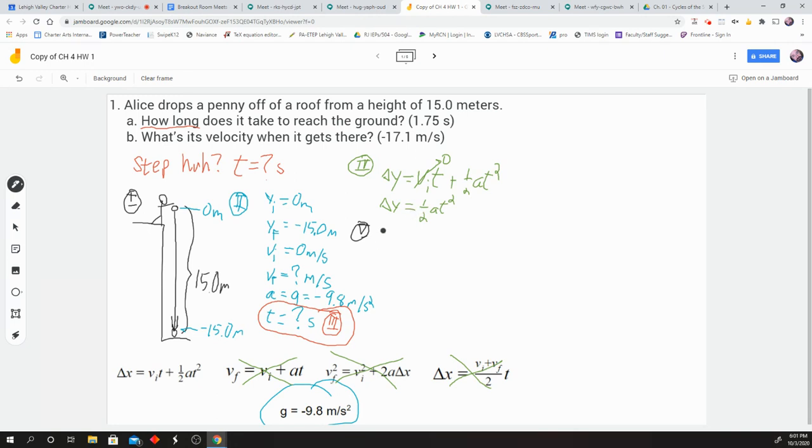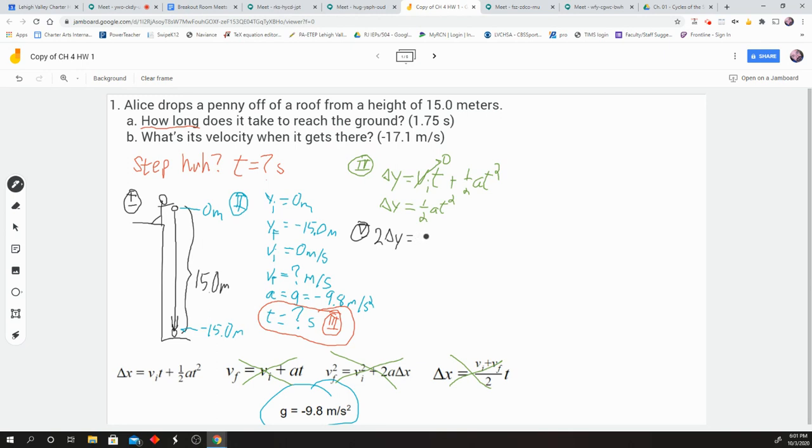When I multiply both sides by 2, on the left side, that's going to give me 2 delta y. My handwriting is very sloppy with the Wacom tablet at this point. And then on the right side, when I multiply 2 times 1/2, that just becomes 1. So 1 times a t squared. Well, I don't have to write the 1 because 1 times anything is just the thing.